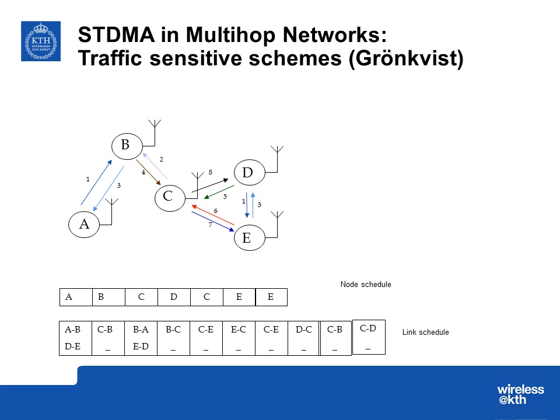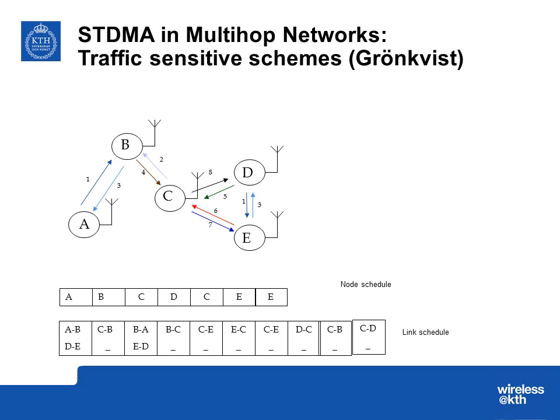So finally, let's look at some other issues involved in schedule design. When the traffic in the different links is very different, we can employ traffic-sensitive schemes. In particular, in this graph, in our example here, if the traffic is uniform, if all nodes transmit packets to all the other nodes in a uniform manner, it's obvious that node C will be very heavily loaded.